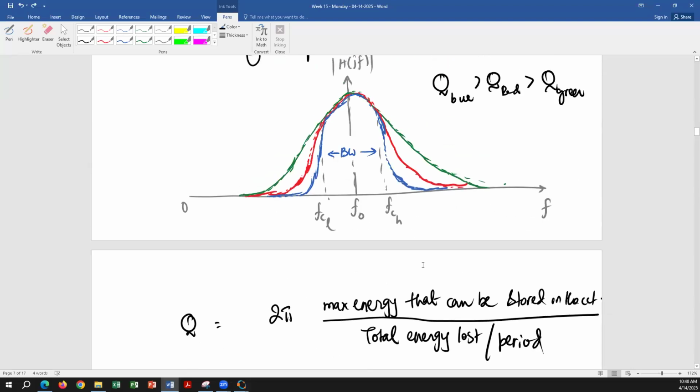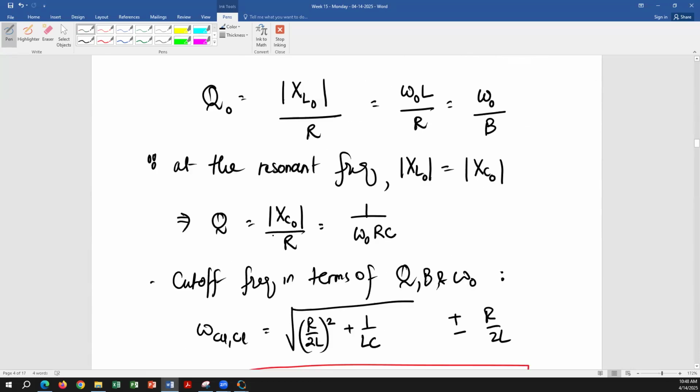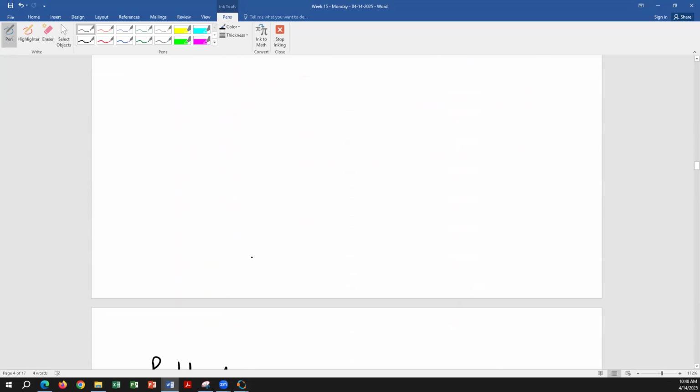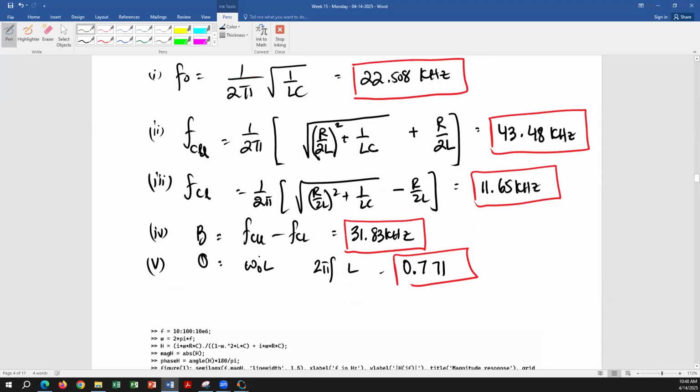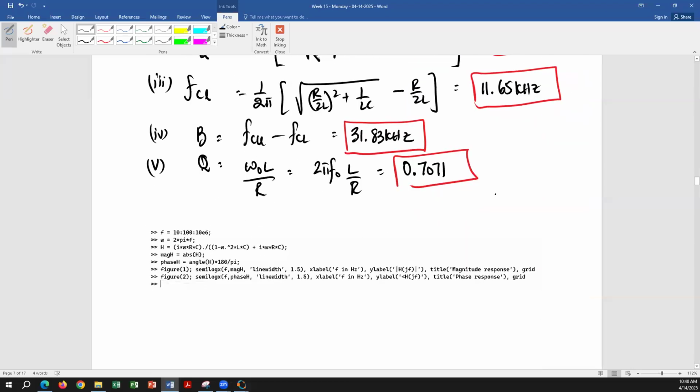So I'm just going to go with that, Q naught, to be consistent with the book.